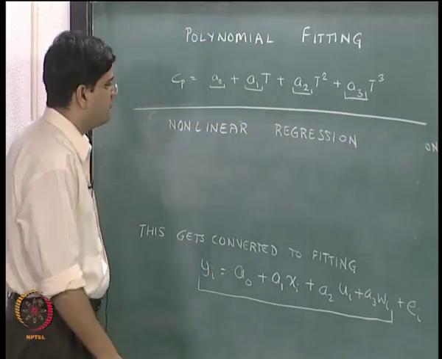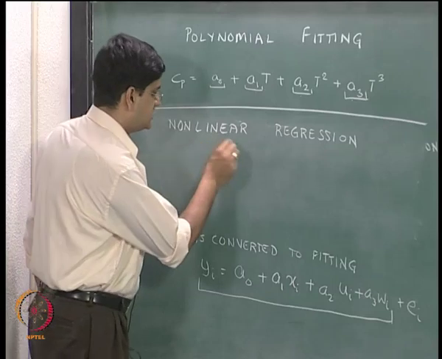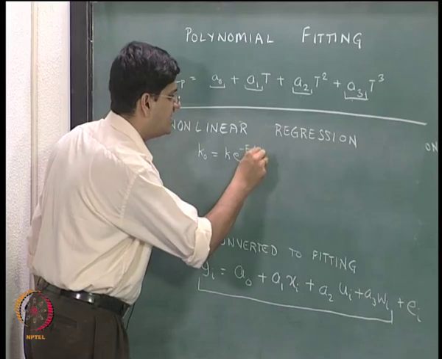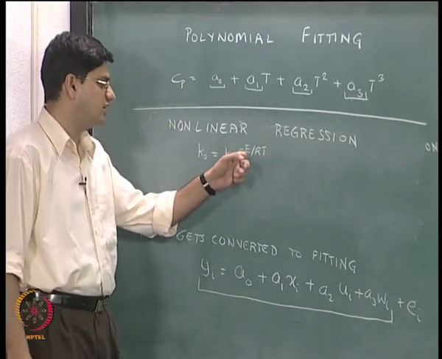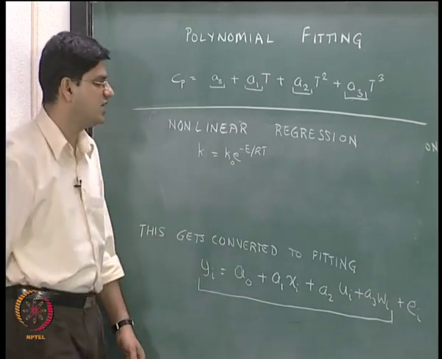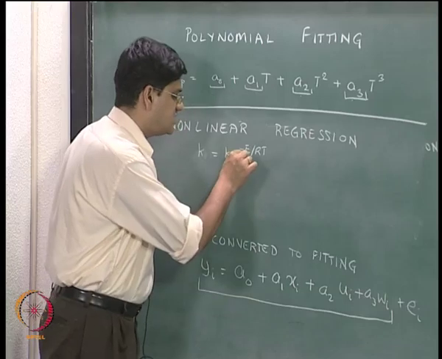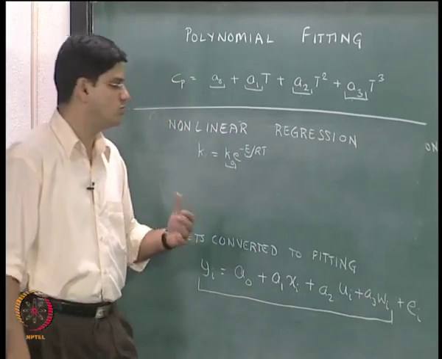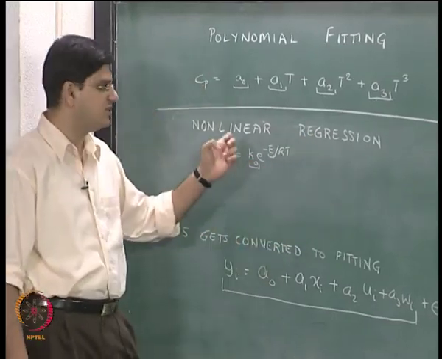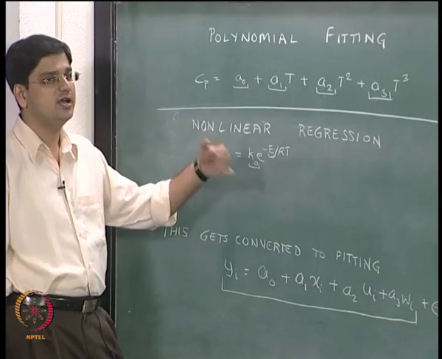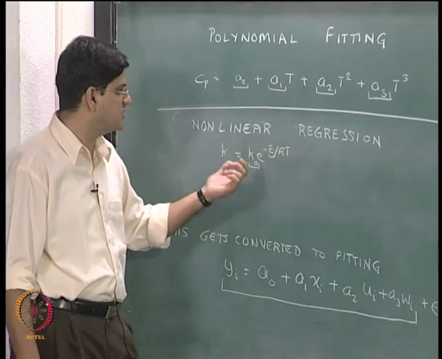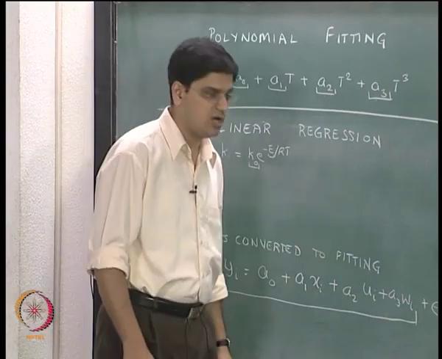Of course, the obvious example where the fitting is non-linear is if we write k equal to k0 e to the power minus E by RT, and we are interested in finding out k0 and E without wanting to go through the transformation by taking a logarithm. If we do not do that transformation, indeed this is a non-linear example. It is only after the logarithm transformation that we will get this particular equation as a linear equation.